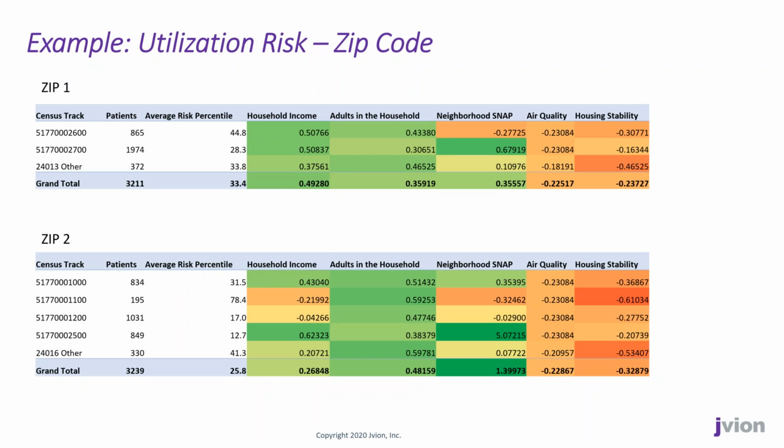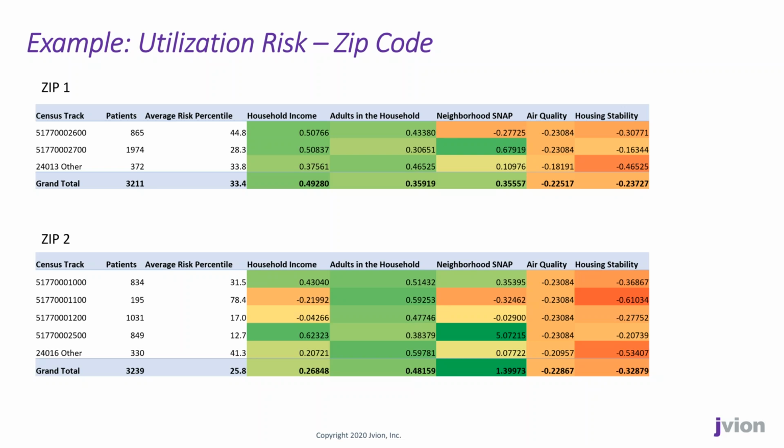You've got 2 census tracts where household income is contributing a lot to utilization risk. In zip code 3, again, those 2 same zip codes, food access is a driving factor, and a couple zip codes where housing stability, resident length, is actually an increased driving factor of risk.